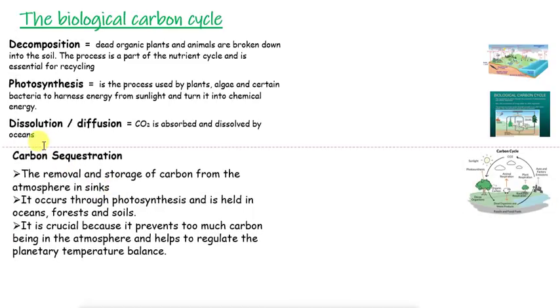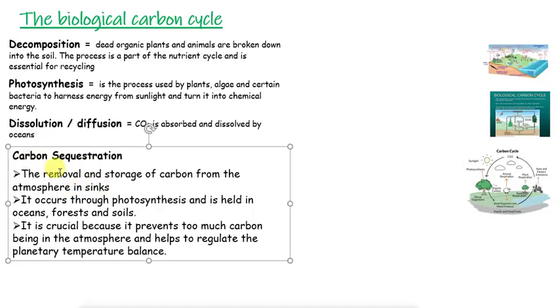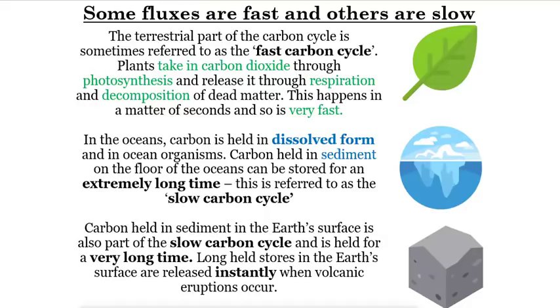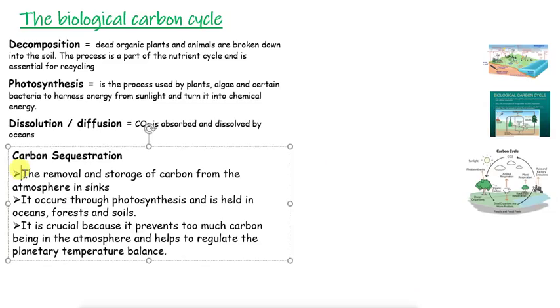Make a note of this, because this is important. Carbon sequestration. We touched on it last lesson. It's when carbon dioxide is taken, or sequestered, out of the atmosphere into a sink. Photosynthesis is one of the main processes that causes sequestration.